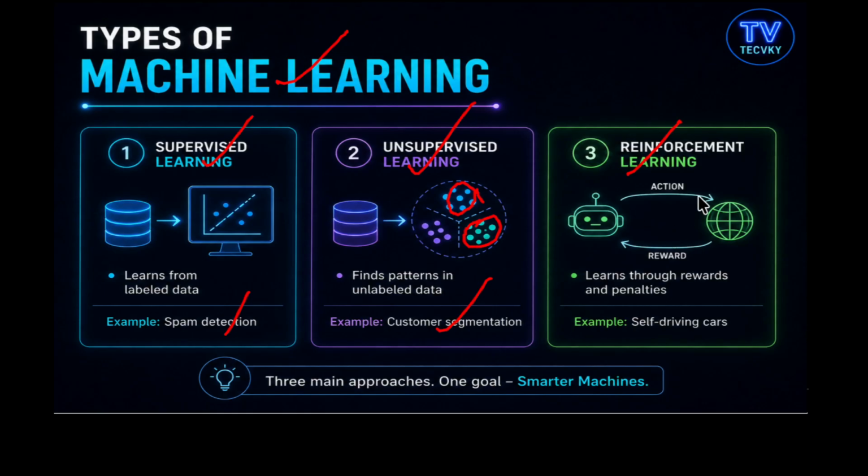Similarly, we train AI: if it takes good decisions, we give the reward, and if bad decisions, then a penalty. Over time, it learns the best strategy to achieve its goal. Examples include self-driving cars, robotics, and AI systems that play games like chess and Go. So these 3 main approaches have one goal: making machines smart.